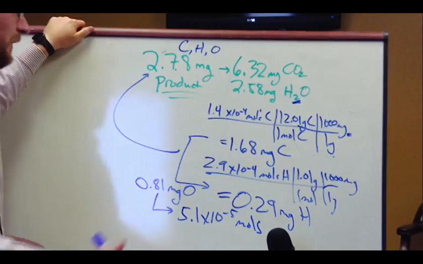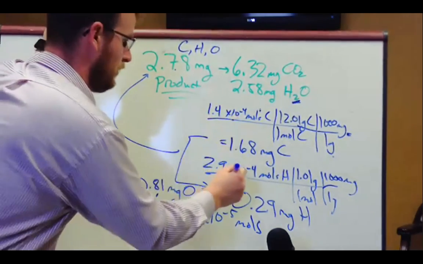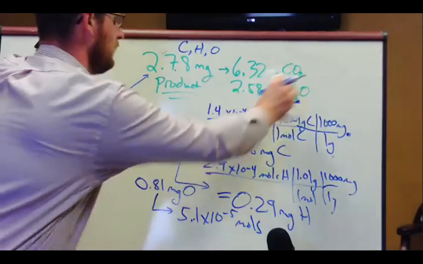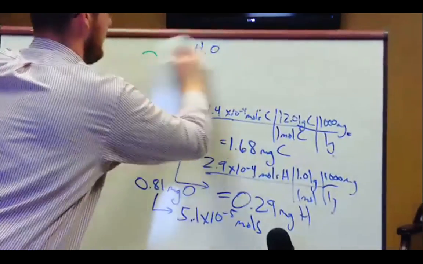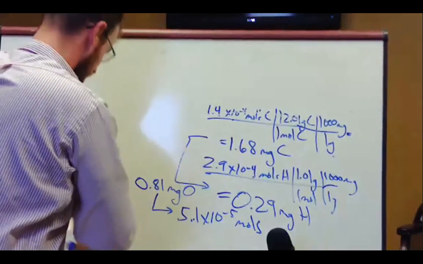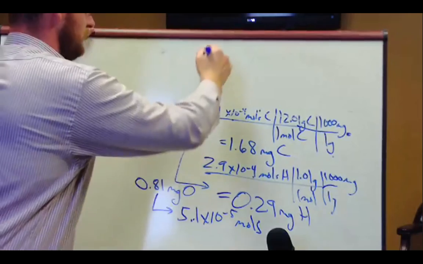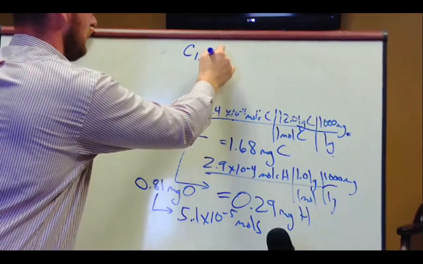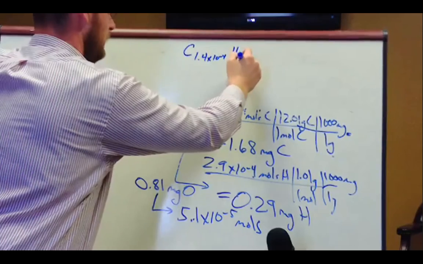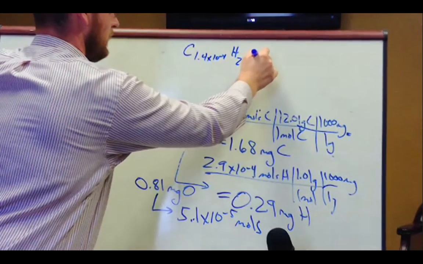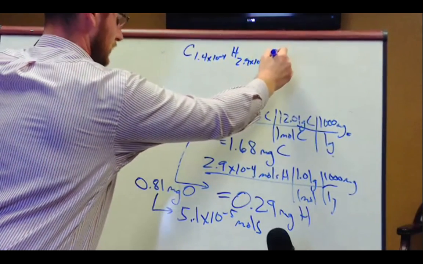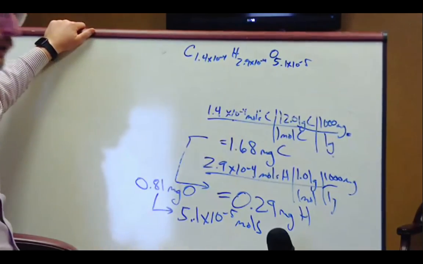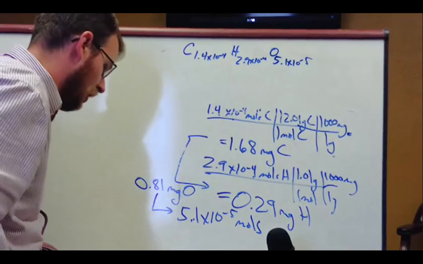All right, so we have moles of carbon, we have moles of hydrogen, and we have moles of oxygen. What are we ready to do? Finally. I know what you guys are thinking. Holy cow. So let's do it: carbon is 1.4 times 10 to the negative fourth. Hydrogen is 2.9 times 10 to the negative fourth. And oxygen is 5.1 times 10 to the negative fifth. So which one is the smallest?